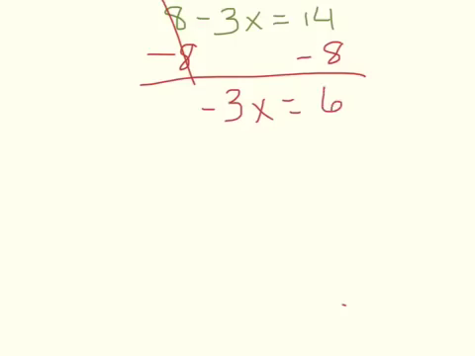Now we have negative 3x equals 6. So to undo that, I'm going to divide both sides by -3. And what I get, this crosses out, leaves me with x. 6 divided by -3 is -2. Okay? And you should plug that in and check your answer. Let's go on and look at the next one.